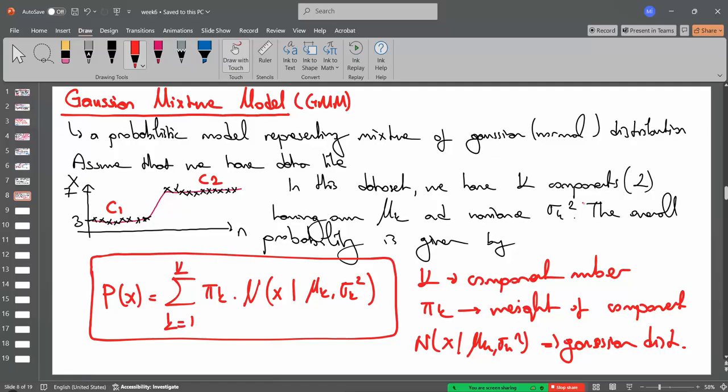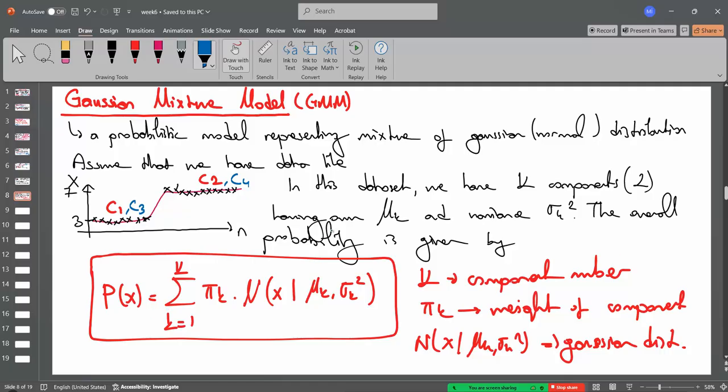But if I choose four, I can still model these properties; this may be C3 and this may be C4. C1 and C3 are the same with only a slightly small difference, but the probability is scaled to 1 in this case.